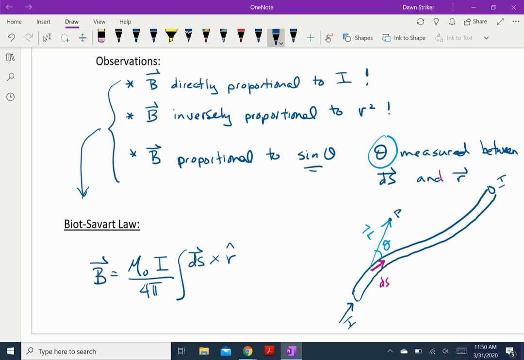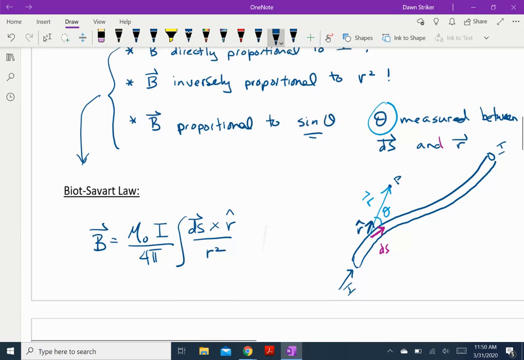And that just means the radial vector, the unit vector, 1 unit long, r hat. So it points in the direction of the radial vector, but it's only 1 unit long, divided by r squared. So this is the Biot-Savart law, and we're going to make use of it.